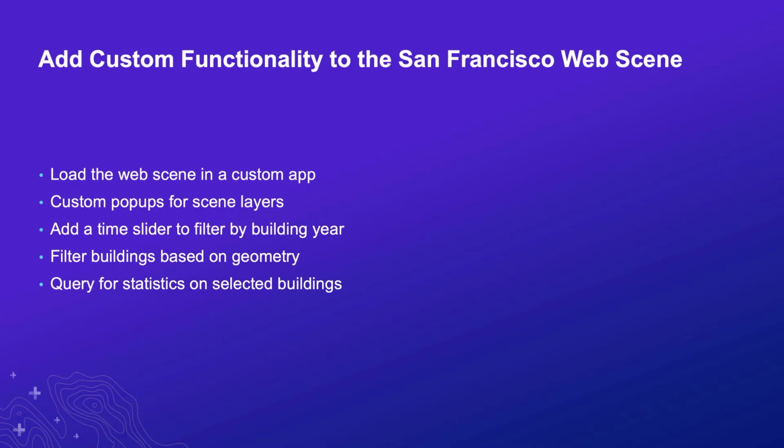I'm going to be adding the TimeSlider widget, which is an API widget to filter the buildings by their construction year. And then we're going to draw a geometry using the sketch view model, also to filter the buildings. Last but not least, we're going to be querying for statistics of the selected buildings, and we're going to display the statistics in a chart.